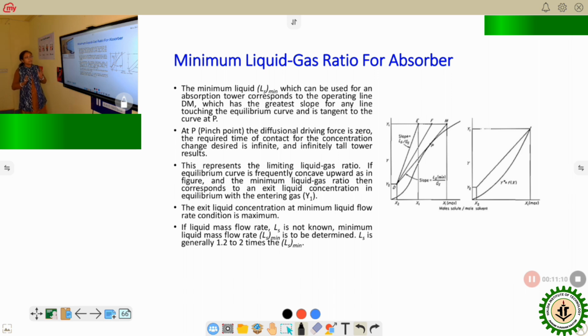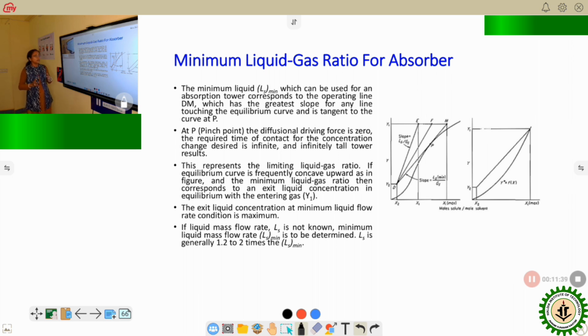This DM represents the condition when the operating line becomes tangent to, or touches, the equilibrium line at ordinate y1. At this condition, the driving force for mass transfer becomes zero. So the separation becomes very difficult and the tower height requirement becomes infinite. So this is an inoperable condition for the tower.